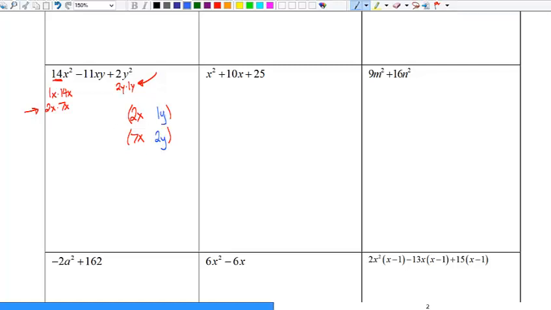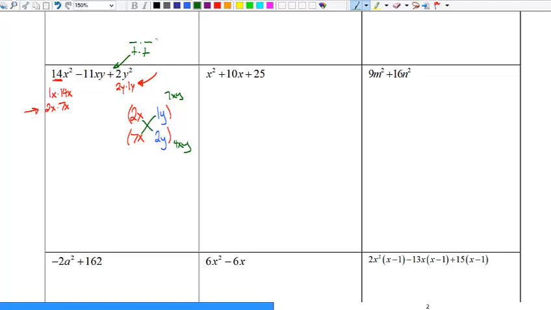That way nothing in the first parentheses or nothing in the second parentheses has a GCF. Now I'm going to go ahead and check that. And the way I check that is to cross multiply. So I have 7xy and 4xy. Now, because the 2 is positive, that means I either have a positive times a positive or a negative times a negative.